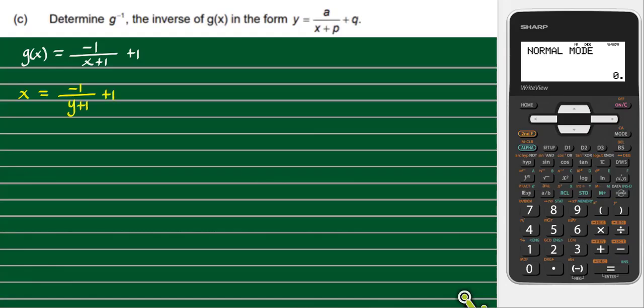I would just transpose the 1 to that side, so it's x minus 1. There are many methods we can use. Then minus 1 over y plus 1. I'm going to write this upside down. That's quicker. So it's 1 over x minus 1 equals y plus 1 all over minus 1.